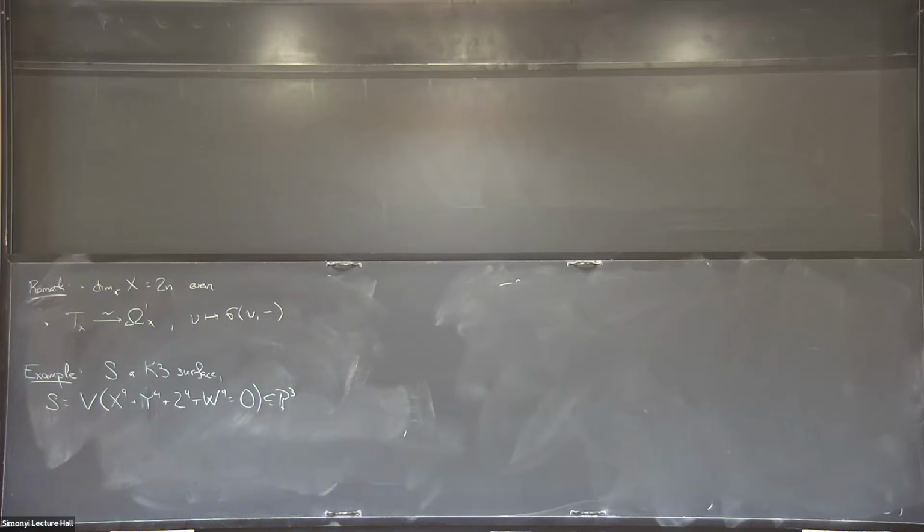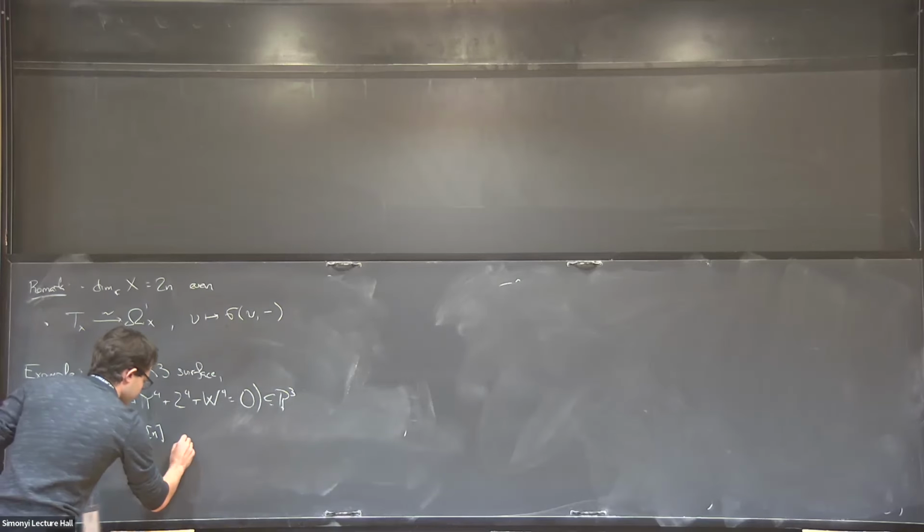The other prototypical example is the Hilbert scheme of n points on a K3 surface. I'm going to denote it by S^[n].